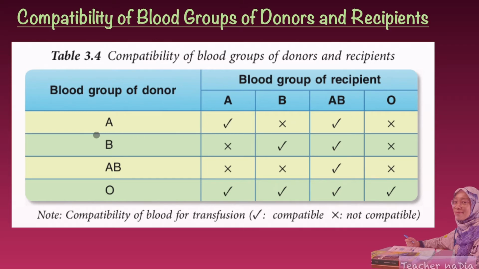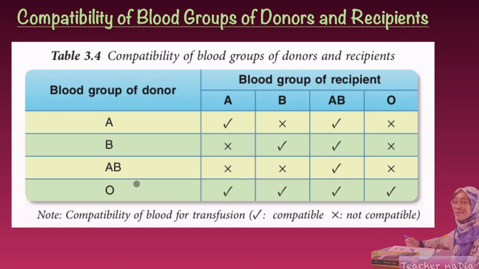If the donor is blood group B, they can donate to the recipient with blood group B and also AB. A person with blood group AB can only donate to the recipient with the same group, AB also.